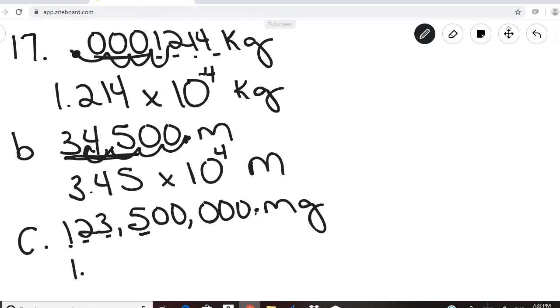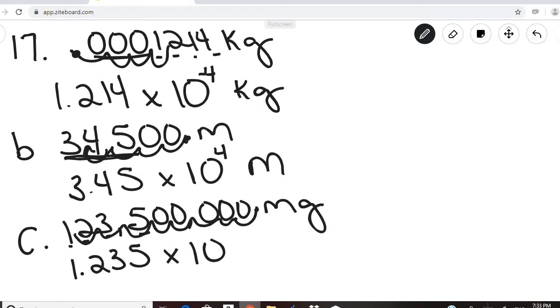So 1.235, that gives us our 4 significant figures, times 10 to the, how many places do we have to move the decimal place? 1, 2, 3, 4, 5, 6, 7, 8, times 10 to the 8, and we need to make sure that we put our units there, times 10 to the 8th milligrams.